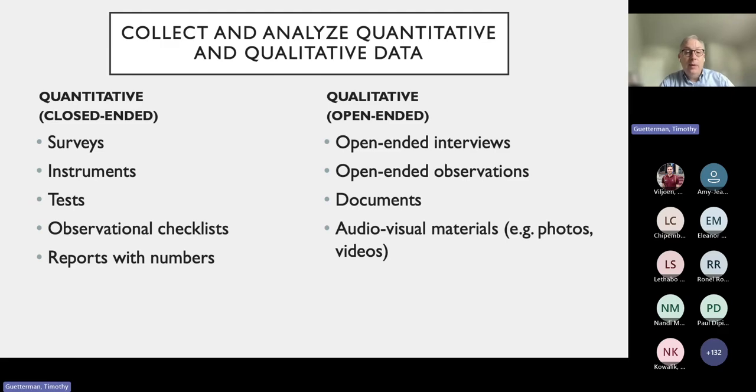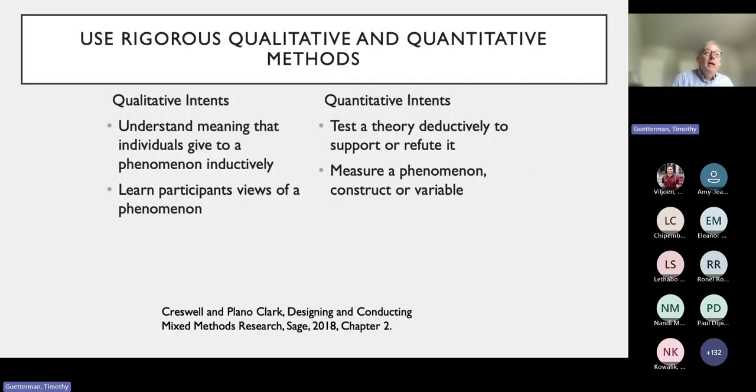So that's kind of the first characteristic of mixed methods that we have qualitative and quantitative data. But then what's important to remember is that we're using rigorous methods of each. And what we tend to worry about more in mixed methods research, and this is based on systematic methodological reviews that have looked at the quality of mixed method studies, what we tend to worry about more is the qualitative component of mixed methods research.